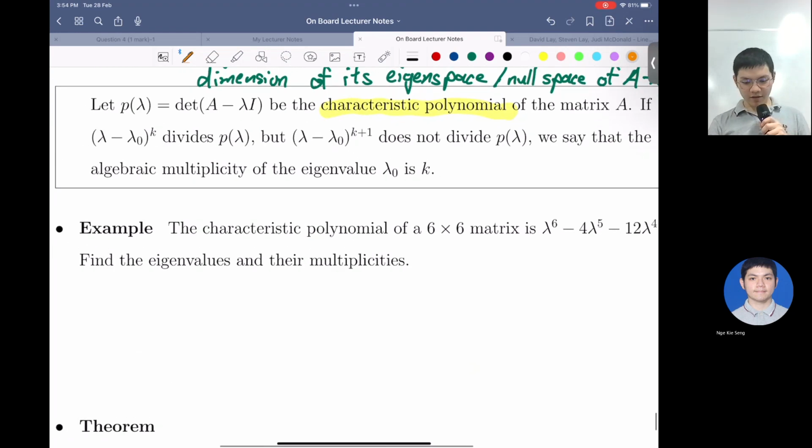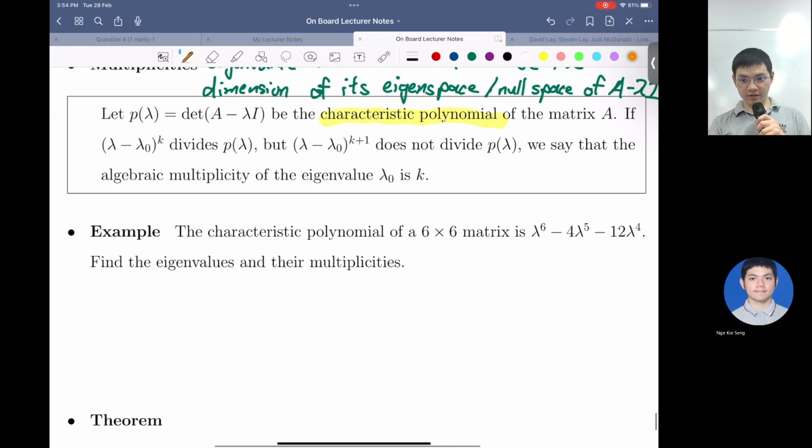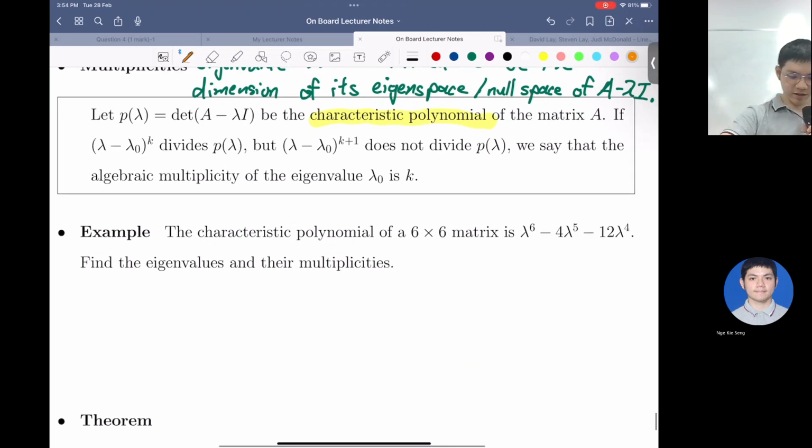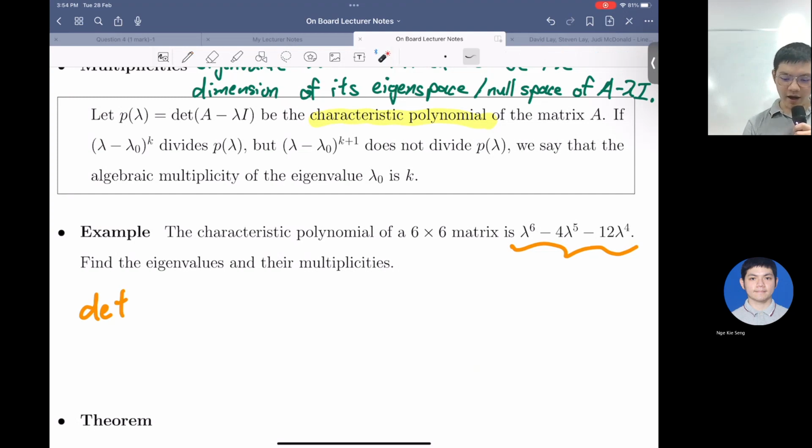So let's do this quickly. The characteristic polynomial of a 6x6 matrix is this. This polynomial you are already given. Does it make sense why you have lambda to the 6 here?